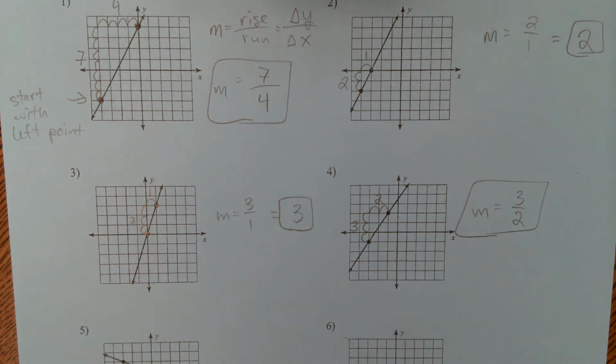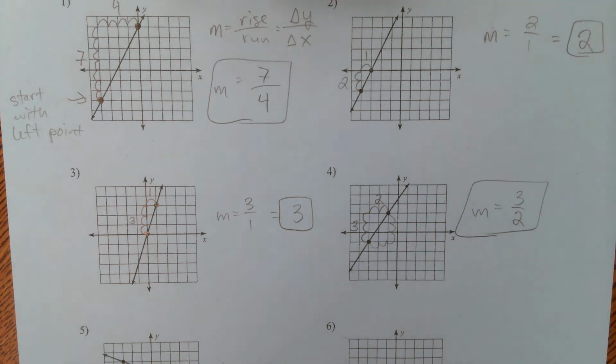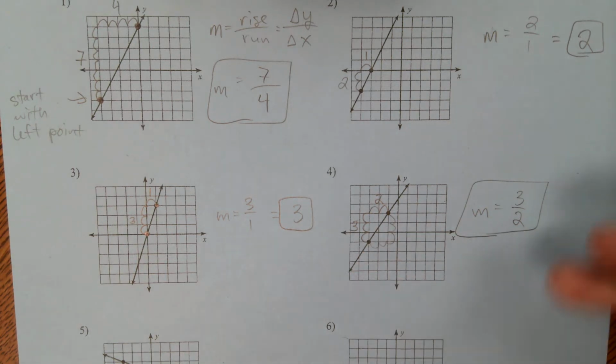So you're saying like you went over here and then up? That's fine as long as you're able to differentiate which one is your rise and which one is your run. As long as you don't mix them up, that's fine too. And that was actually a really great question.